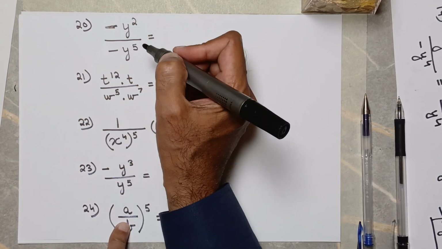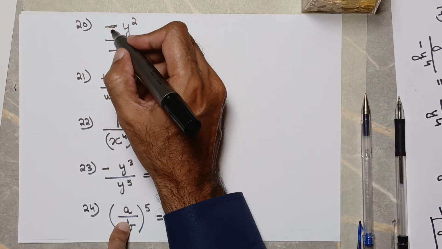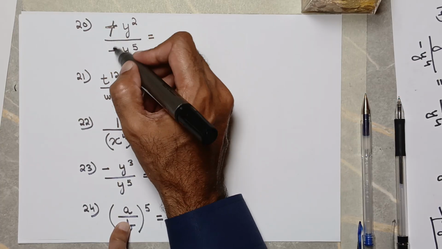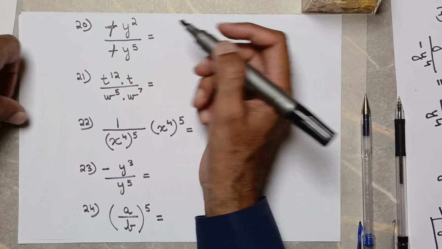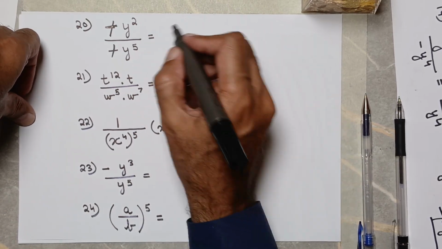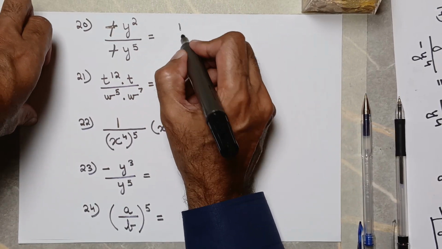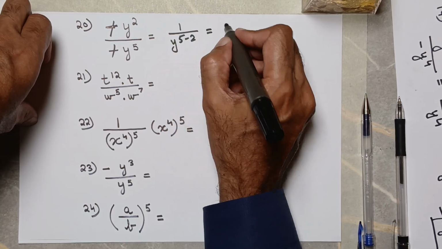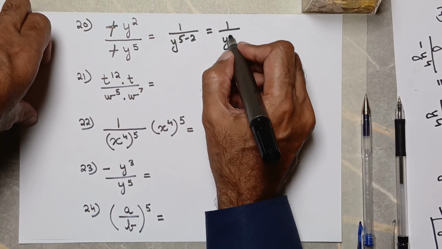Both of these minus signs will cancel out each other. It's quite simple. So now perform the rest of the simplification process. That is 1 over y^(5 minus 2), 1 over y^3.